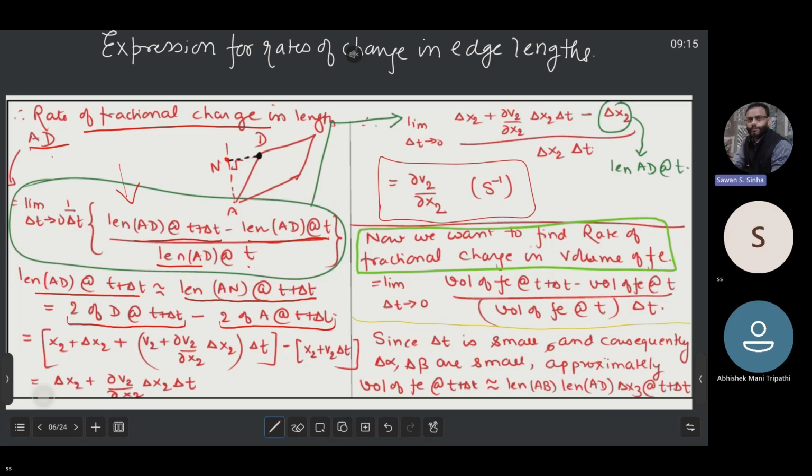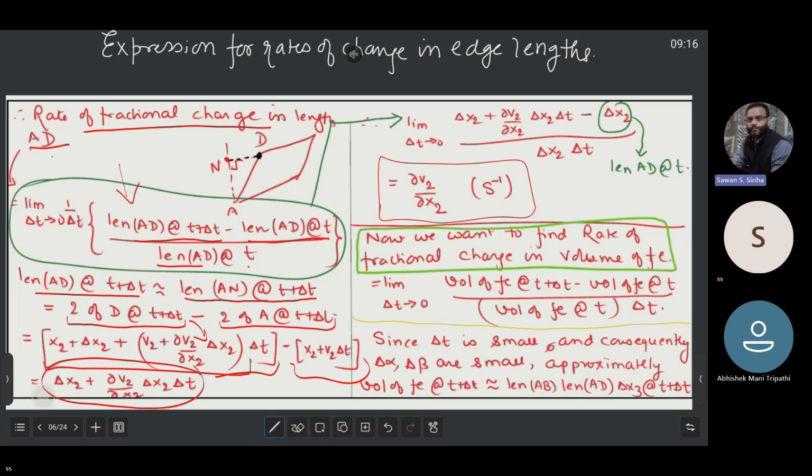Earlier it was 1 coordinate of B minus 1 coordinate of A. Here it is 2 coordinate of D minus 2 coordinate of A. I go back to the previous slide. I get this 2 coordinate of D at t plus delta t, and this is the 2 coordinate of A at t plus delta t. That turns out to be what I have here.